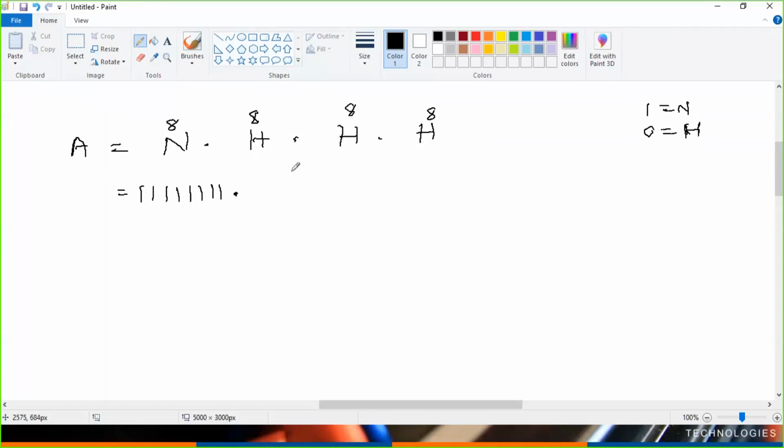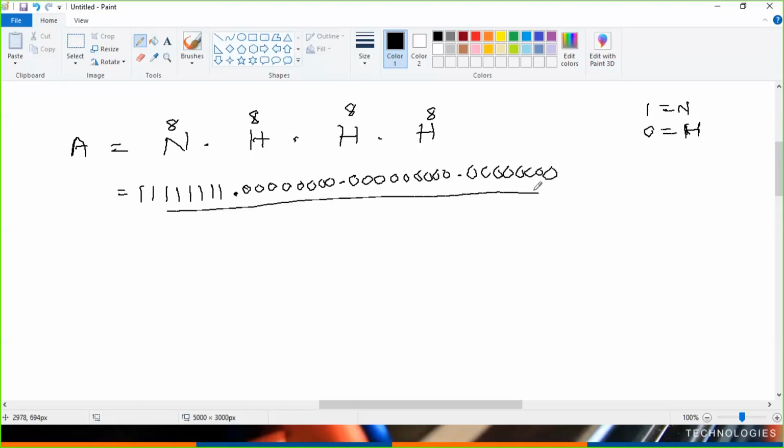How many host bits total? 24. So this is binary. Let's convert into decimal. What is all ones value? 255 dot, all zeros, 0, all zeros, 0, all zeros, 0.